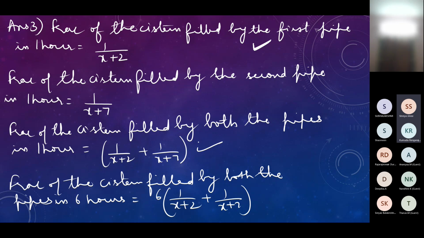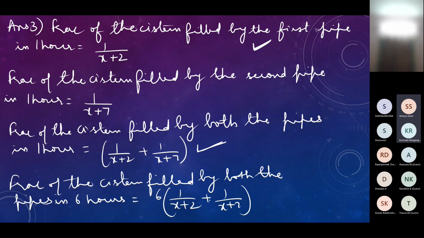When they work together for 6 hours, they'll be able to fill 6 into 1 by x plus 2 plus 1 by x plus 7, this fraction of the tank.